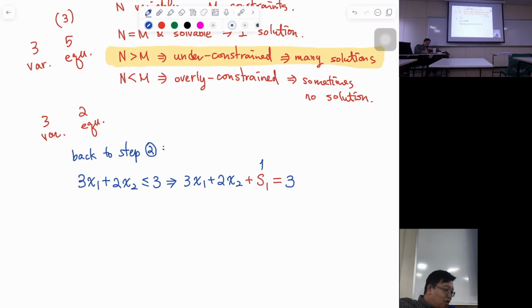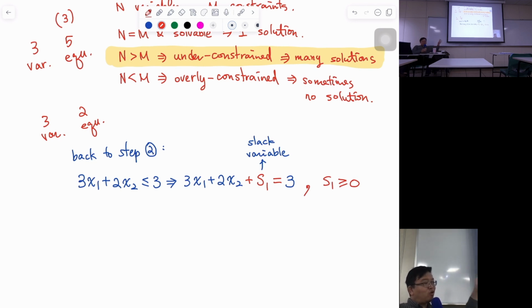This is called the slack variable. Okay? And the slack variable has to follow a rule: S1 has to be positive or 0. So let's plug in some numbers and see what's going to happen.